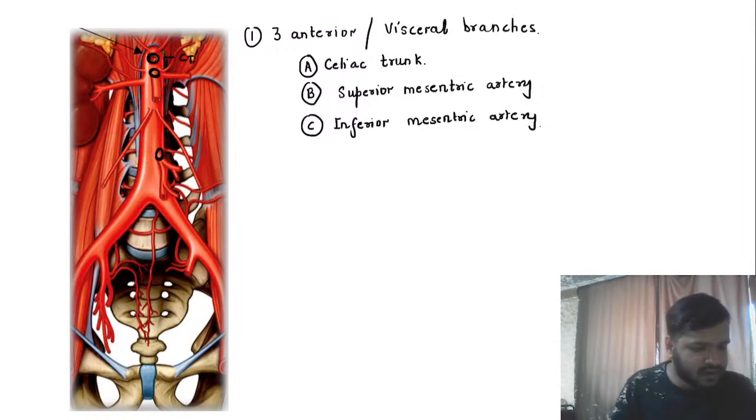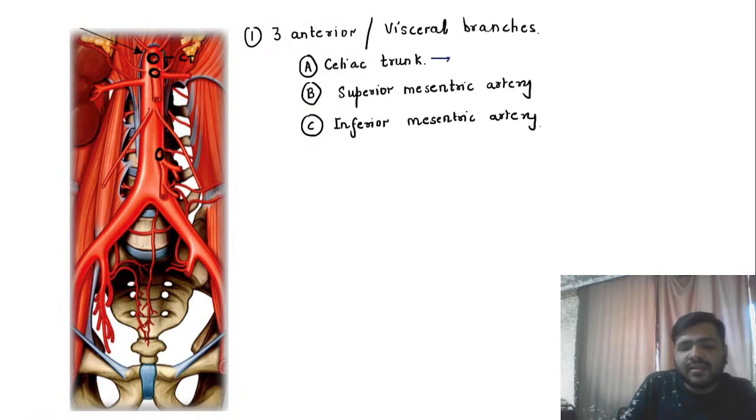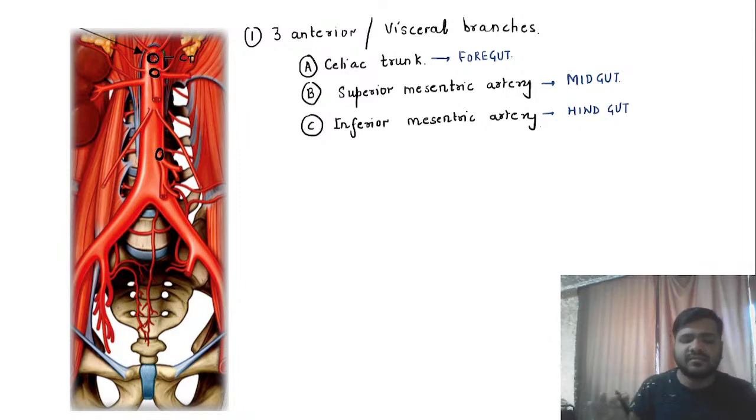Eventually you should remember that the celiac trunk will supply the foregut. The superior mesenteric artery will supply the midgut. The inferior mesenteric artery will supply the hindgut. I will be discussing each of these branches in detail.